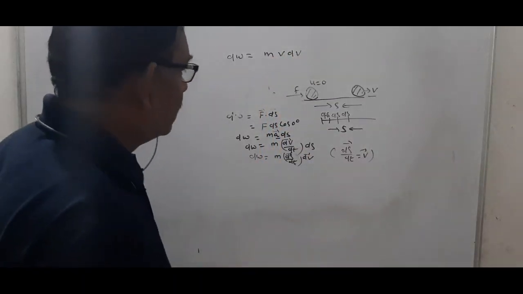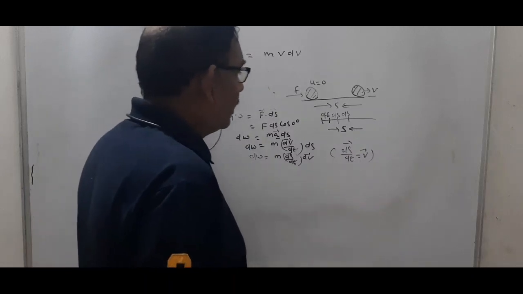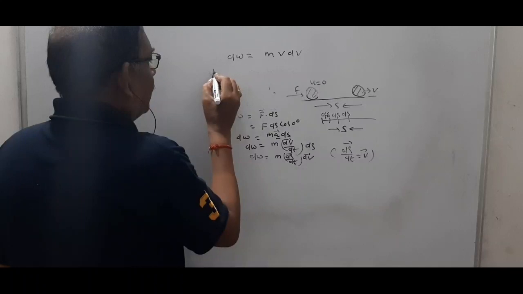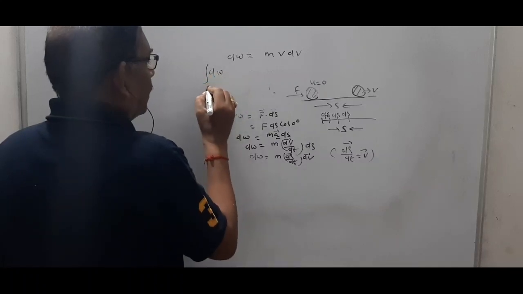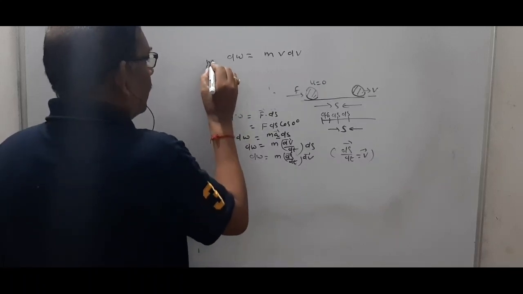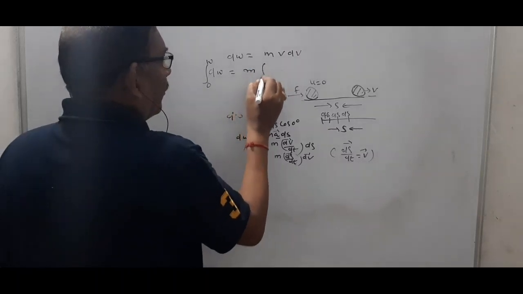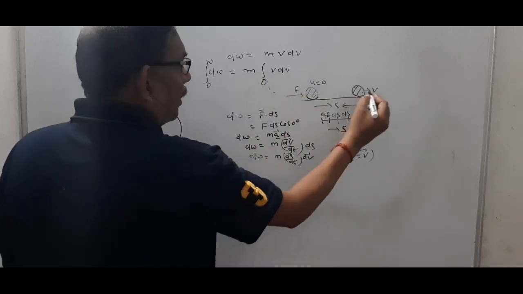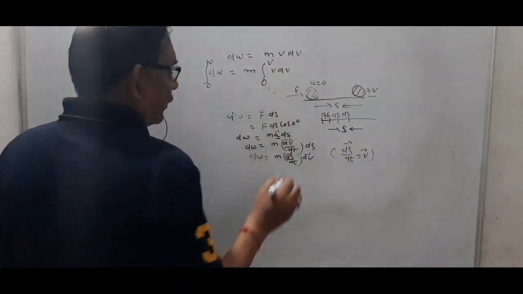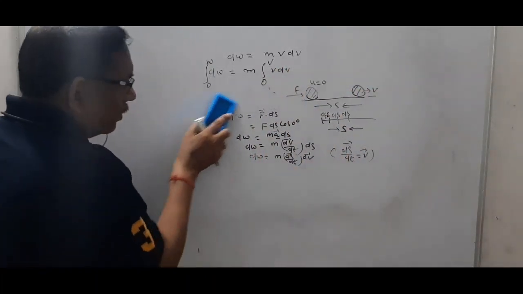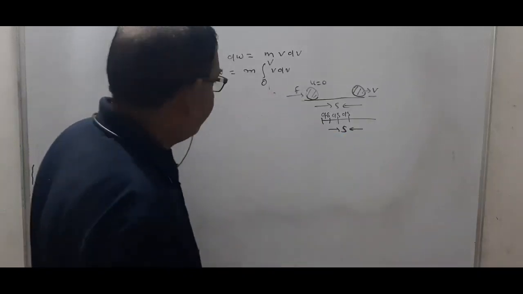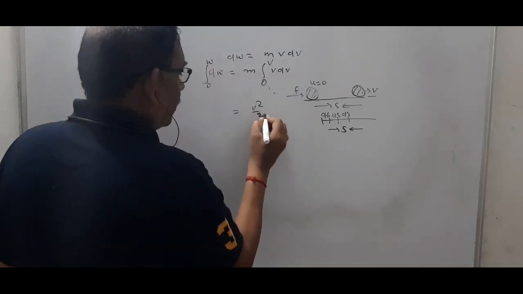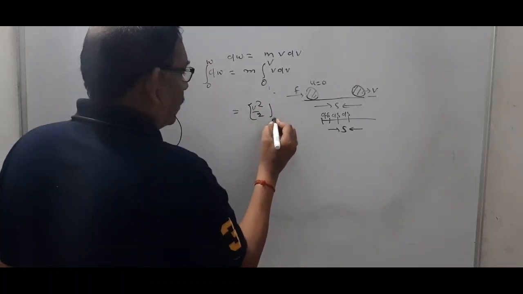Now the total work done after covering distance s from the initial to the final position is the integral of dW from 0 to W, equal to m times the integral of v dv, where the initial velocity is 0 and the final velocity is v. The integration of v dv is v square by 2, from 0 to v.